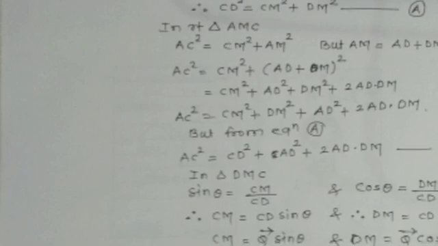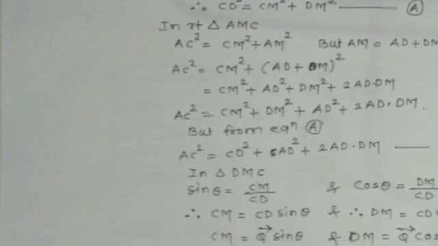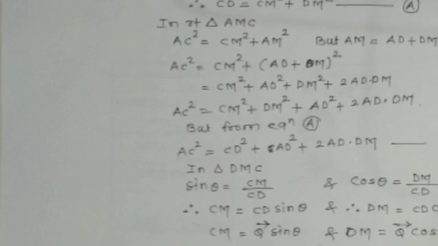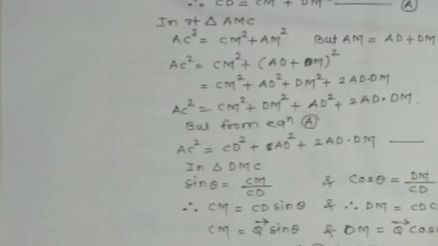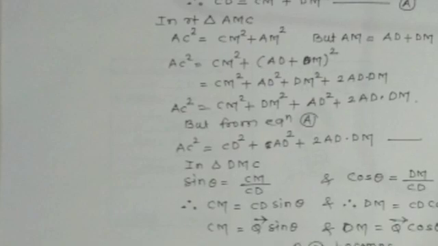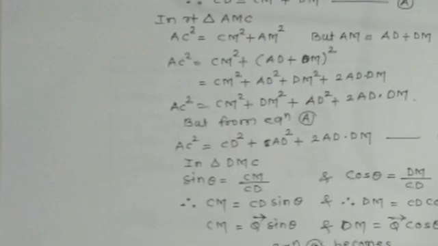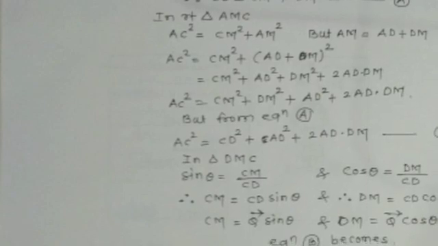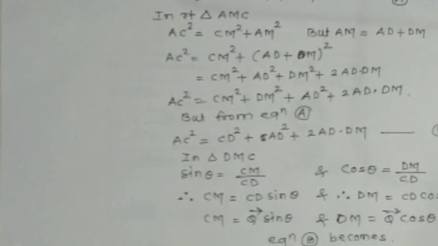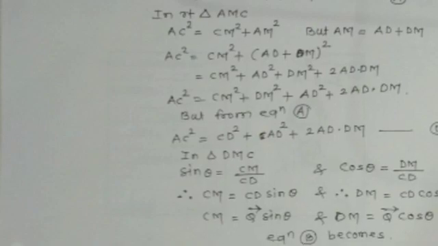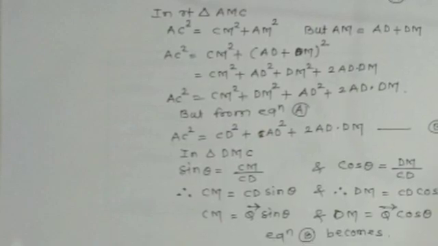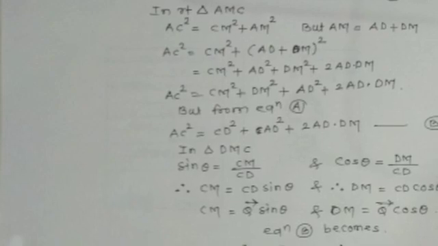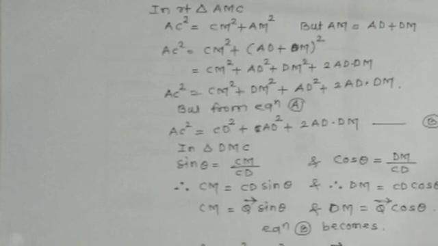Draw a perpendicular from C on AD at M, forming a right angled triangle DMC. In this triangle, CD square is equal to CM square plus DM square, equation A. In right angle triangle AMC, AC square is equal to CM square plus AM square, but AM is equal to AD plus DM.